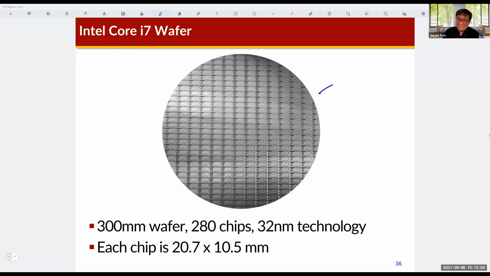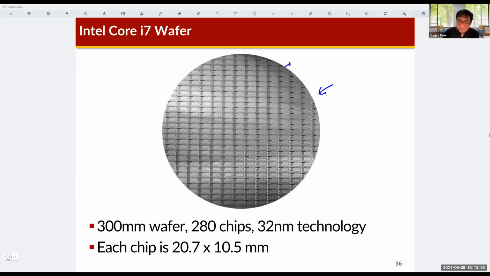So this is a photo of the wafer, and as you can see, on this wafer you can find many dies like this. So this is actually an Intel CPU die. And you can see that part of the die is fabricated under this cylinder.